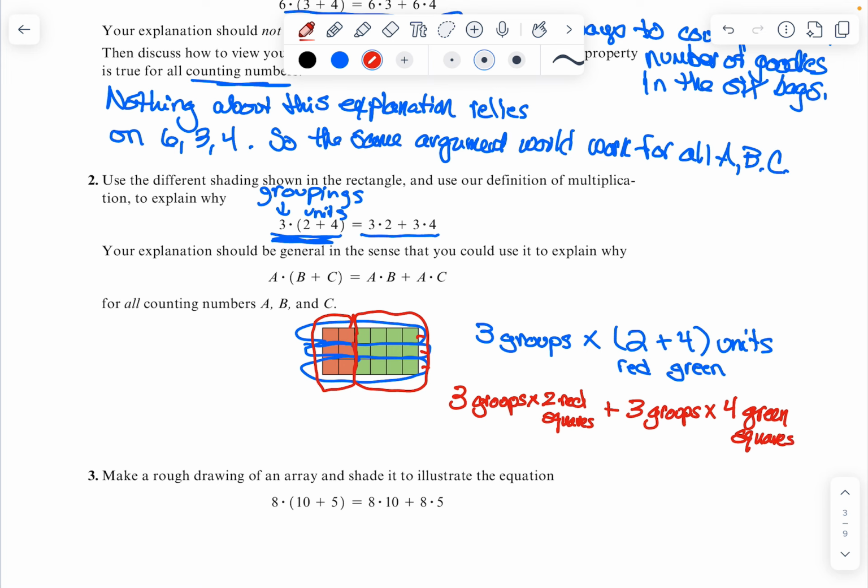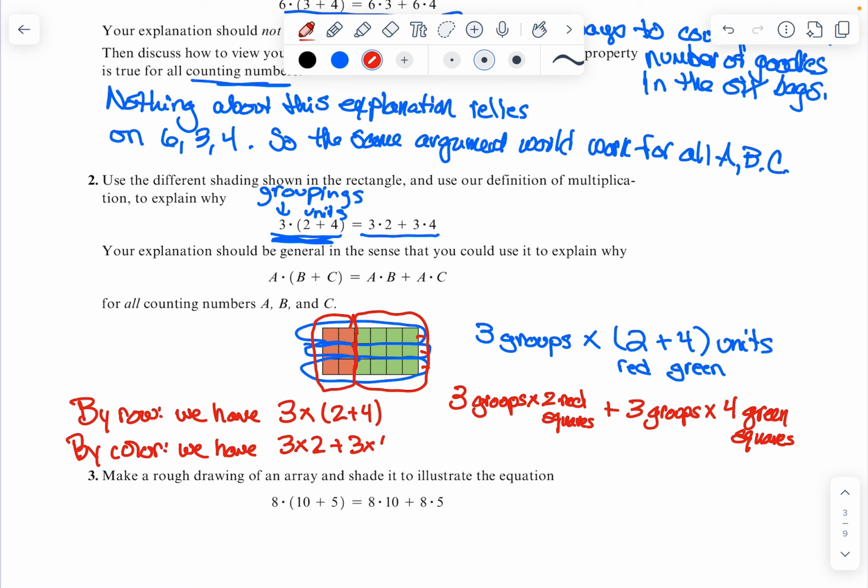So now we have, right, to summarize this, by row, we have 3 times 2 plus 4, and by color, we have 3 times 2 plus 3 times 4, and it's again counting the same dots. So they are equal.